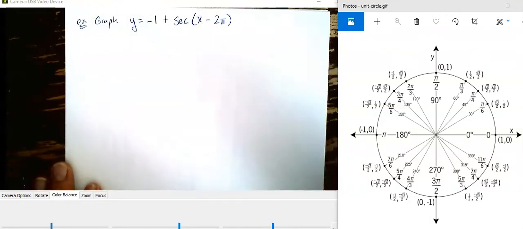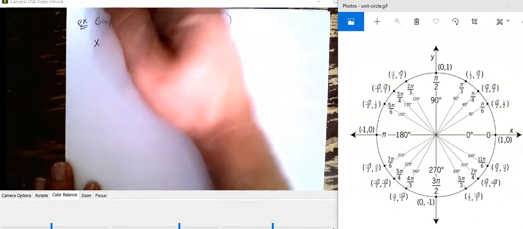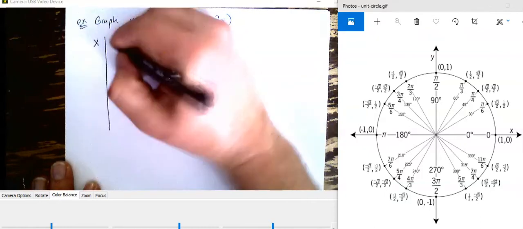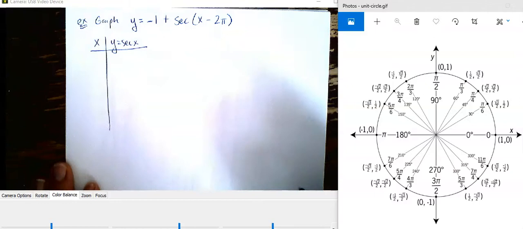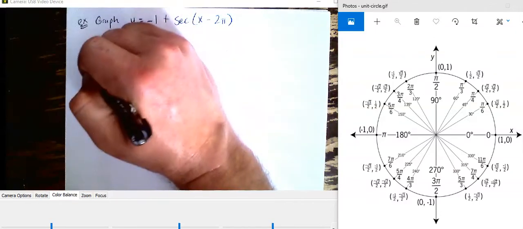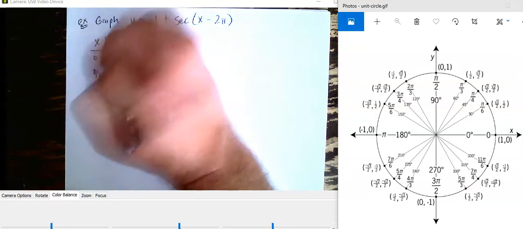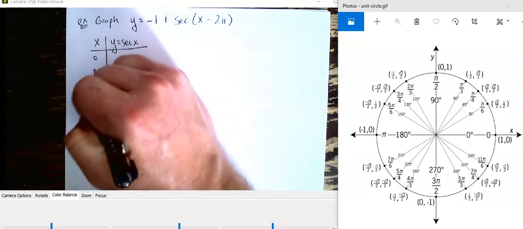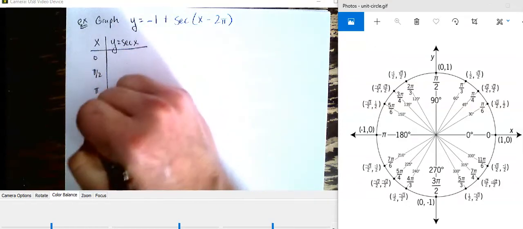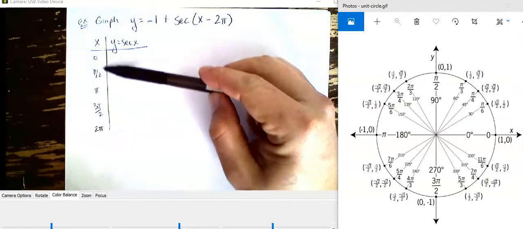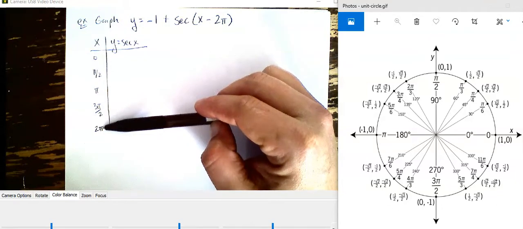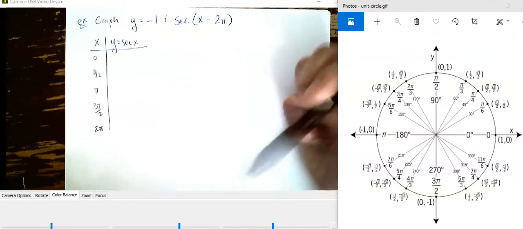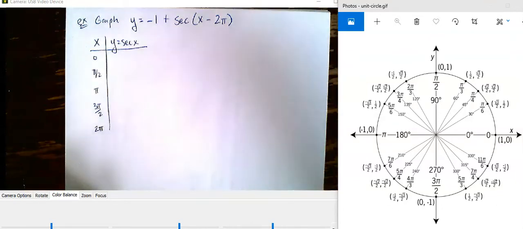So let's recall our table for secant. Let's do our parent function, y equals secant. Remember that the period was 2 pi, so let's go to 2 pi by pi over 2: 0, pi over 2, pi, 3 pi over 2, and 2 pi. Again, this is a little different because we saw in the basic graph that it started to repeat after 2 pi units rather than pi units.